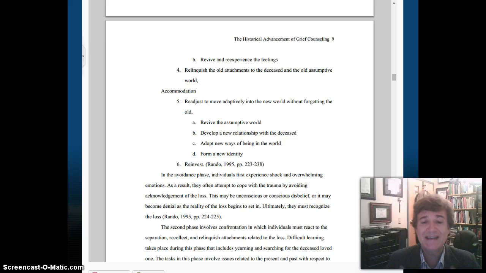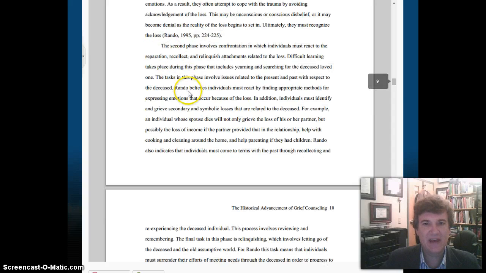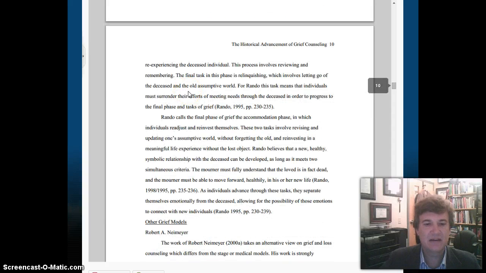We form a new identity that integrates that relationship, that individual, and we reinvest in our future with an integrated relationship. So I believe that is a much more healthy way to move through the process of grief and loss. And then this talks about each phase in detail.